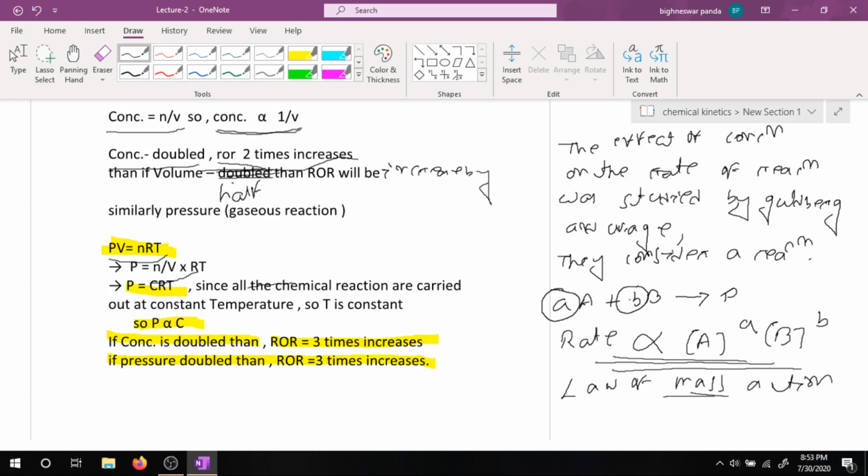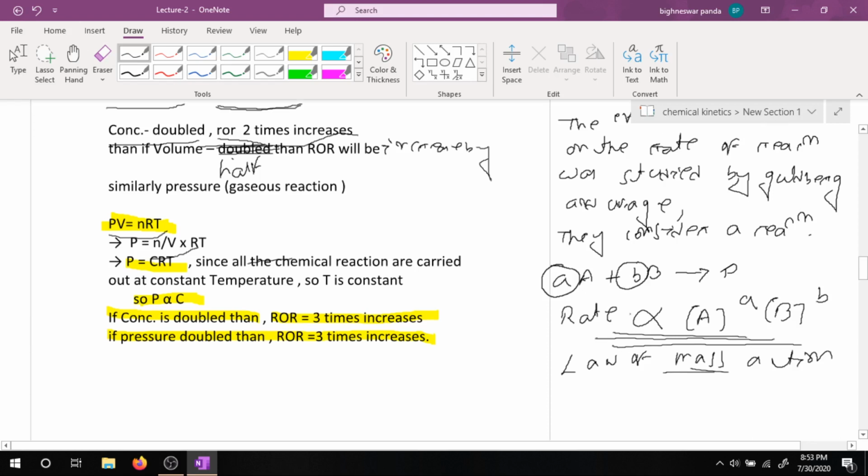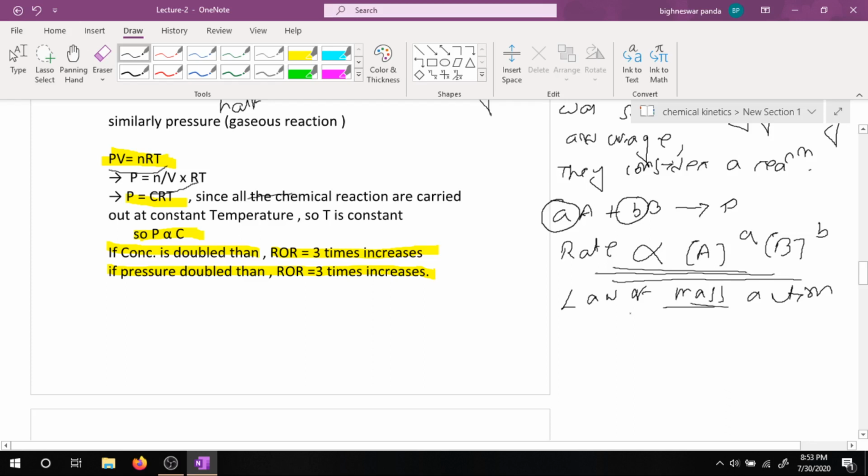But however, experimentally it is observed that the rate of this reaction may not depend upon all the a concentration terms.